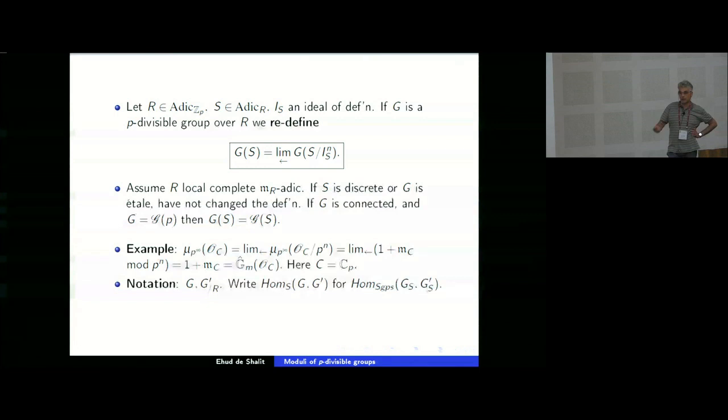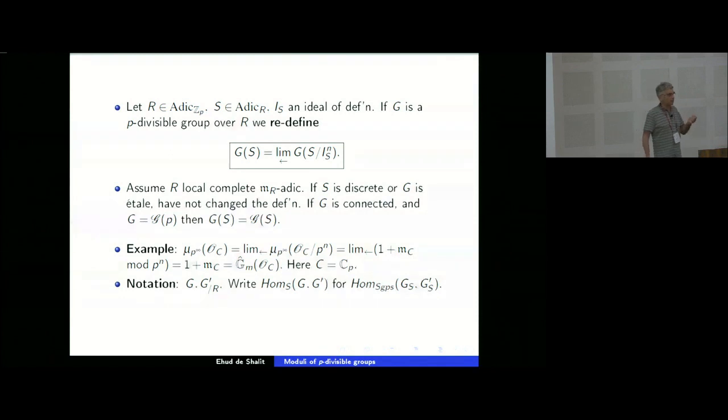So as an example, let's see how it works. In the multiplicative case, mu p to the infinity of OC, of the ring of integers in CP, in the old definition would just be all p power roots of unity, but now it will be the inverse limit of mu p to the infinity of OC over p to the n. Mu p to the infinity of OC over p to the n is just 1 plus MC modulo p to the n.